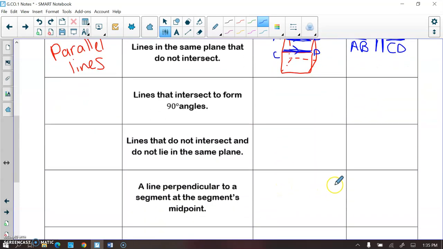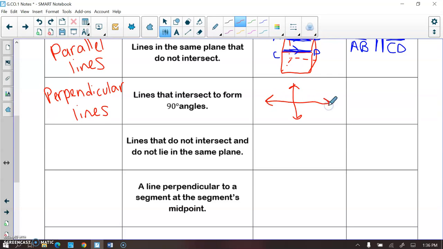Lines that intersect to form 90-degree angles, these are perpendicular lines. So if I had two intersecting lines, right now I cannot assume that they're perpendicular.